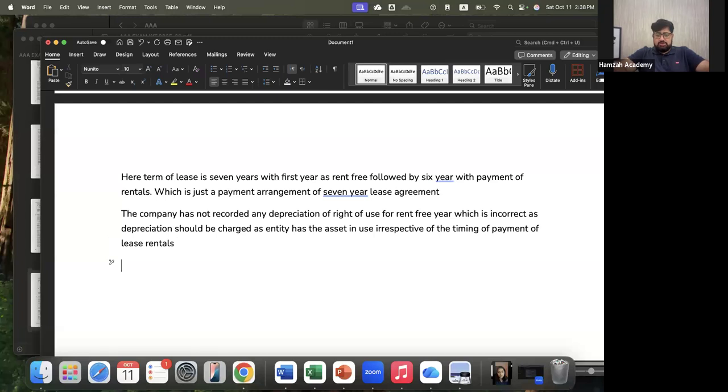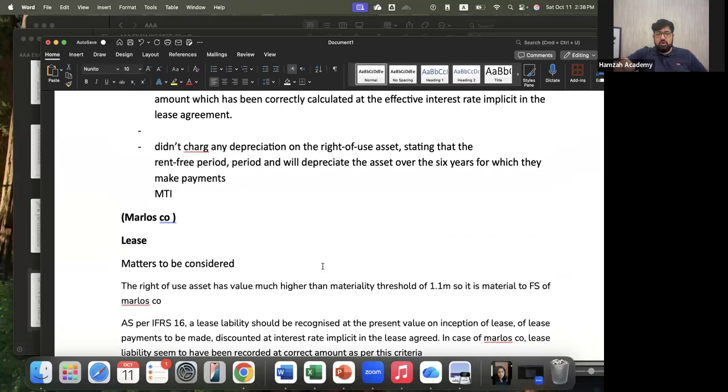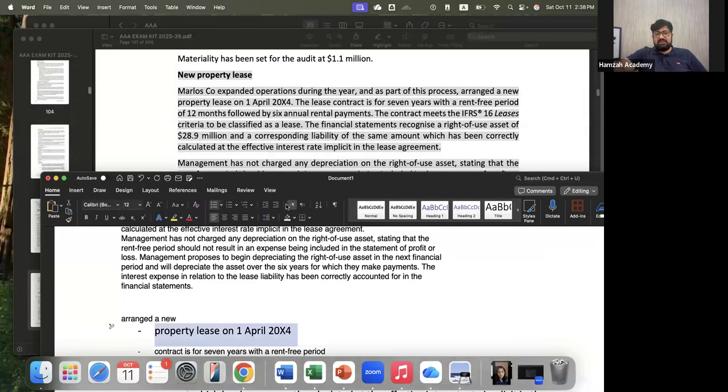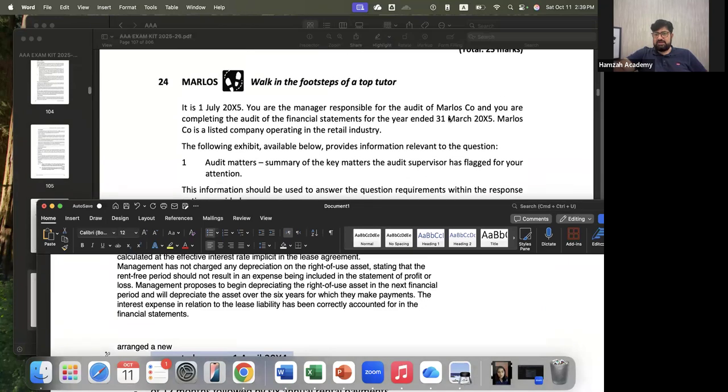Now, so the depreciation charge is understated by this amount, total right of use asset divided by number of years. Because it is full year. First April, that I noted down this 1st April because it may be half of the year. You have to be careful. In this question, it is start of the year. You can see year ended 31st March.